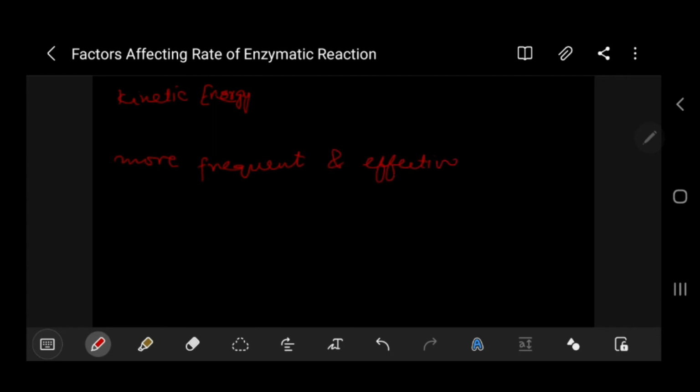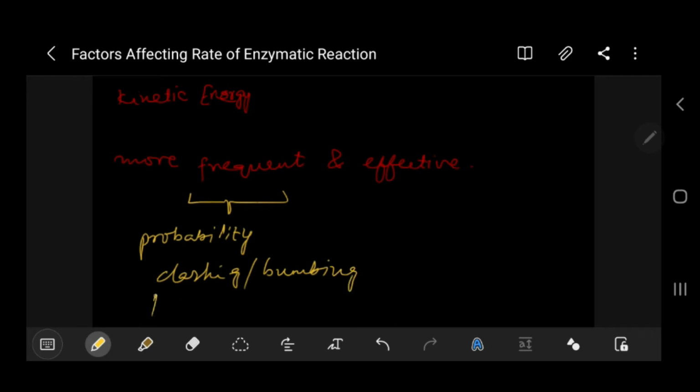These are two different words. Frequent implies that the probability of them bumping into each other increases, and effective refers to the fact that when they bump, they match, so basically they fit into the enzyme.